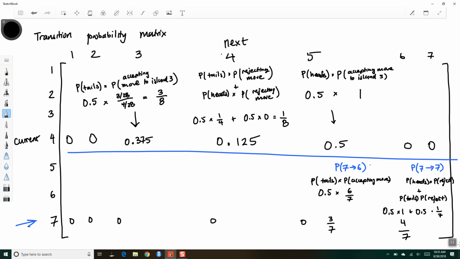All right, and then let's just see if we set up our transition probability matrix this way, will its stationary distribution be equal to our target distribution?